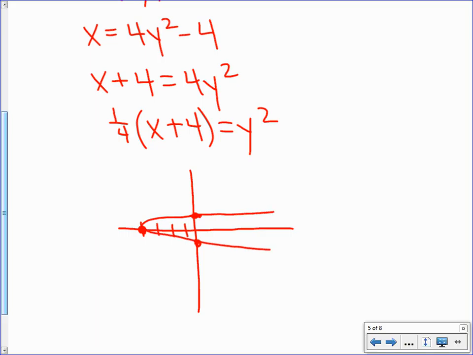Okay. Now, from here, how do we know the orientation of our graph? How do we know where to put the arrows if we're using this kind of equation to graph it? How do we know? Any ideas?